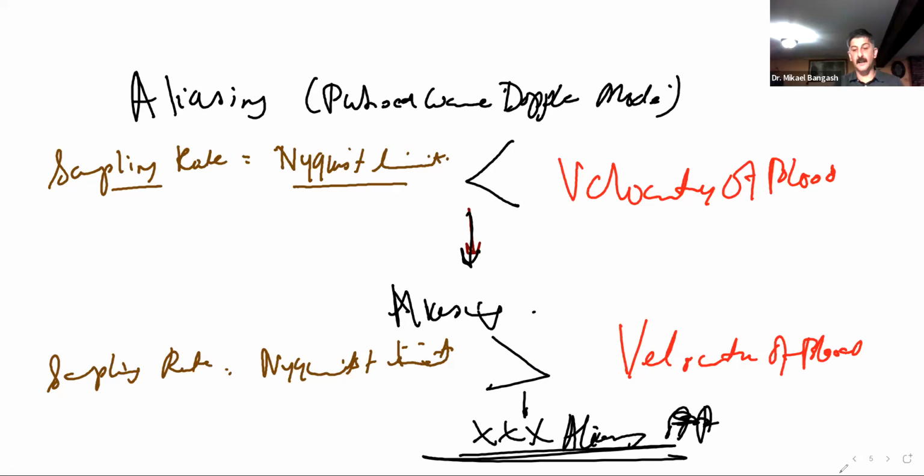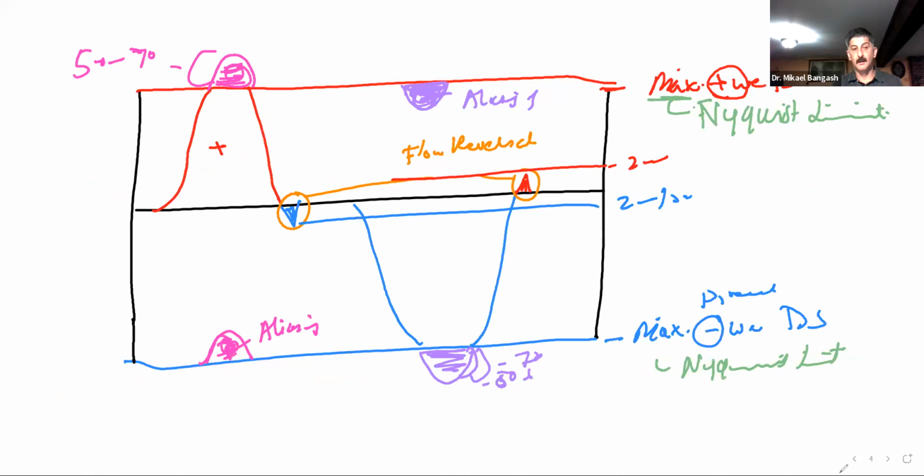And what did I say the Nyquist limit was? Practically, if you look at a Doppler, it's the maximum positive or maximum negative speed that you're able to record on any setting. That would be considered the Nyquist limit.